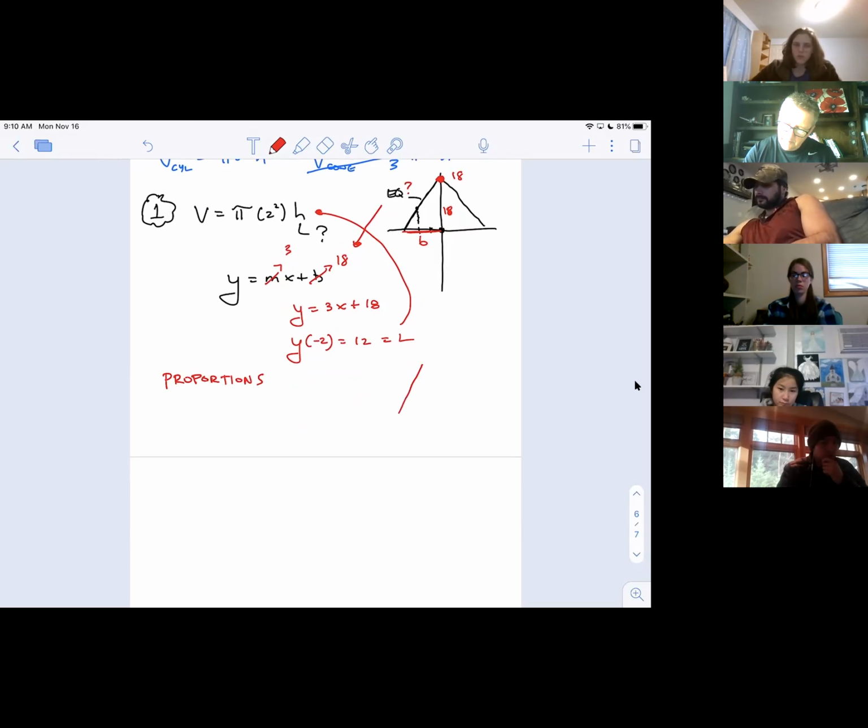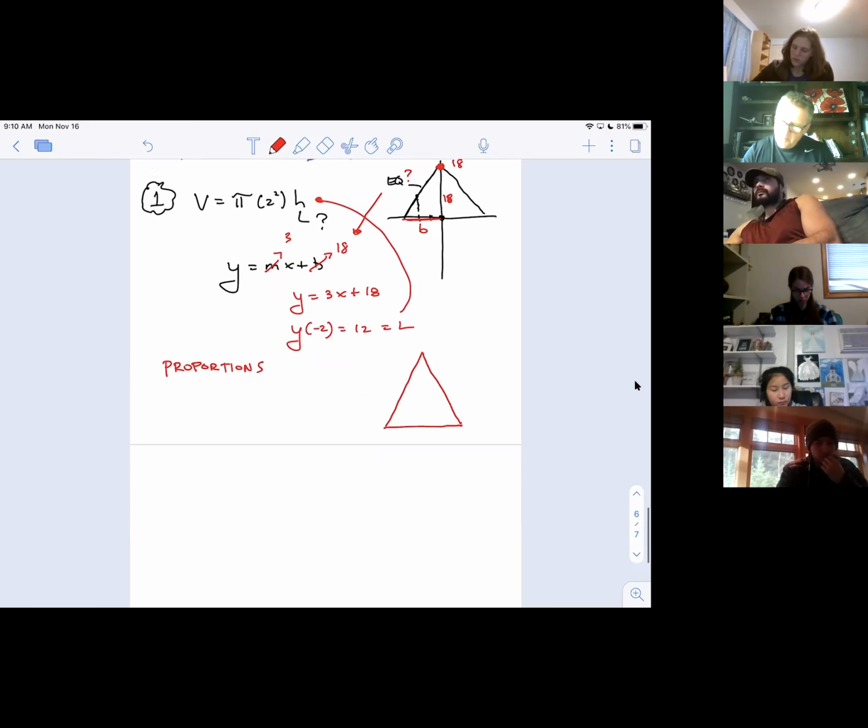So for instance, and by the way, you'll notice this has a lot in common with the base idea about finding an equation for a line, but didn't we say this distance was 6 and this distance was 18? Like that's the proportion of the triangle that the cone is.